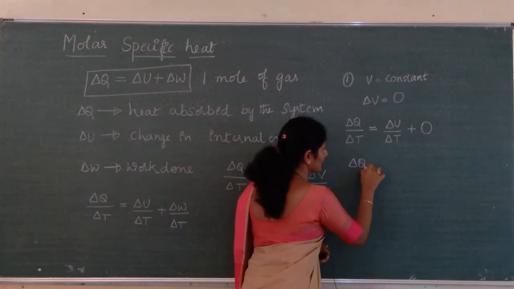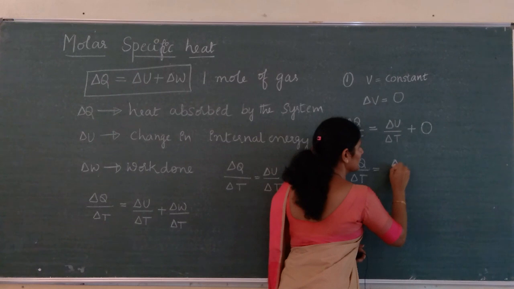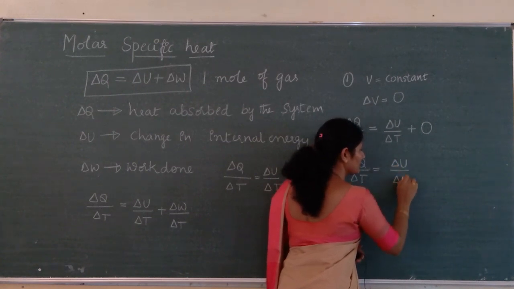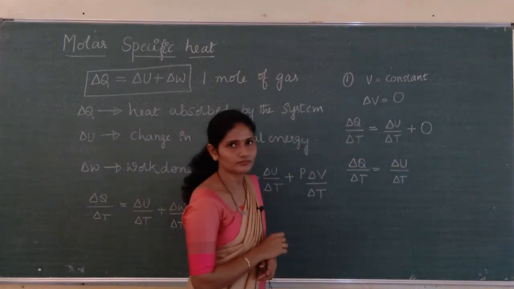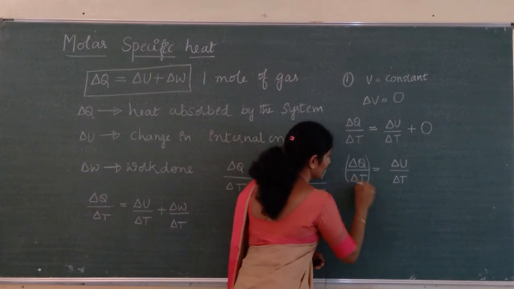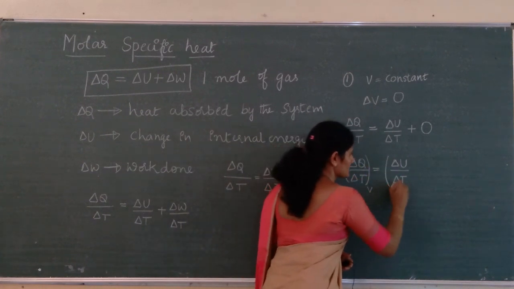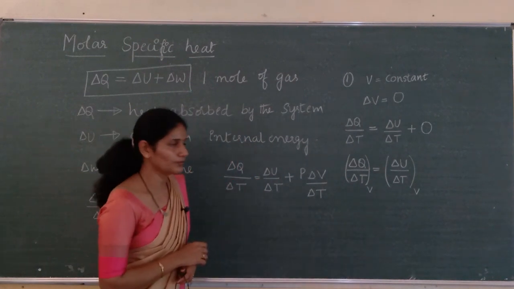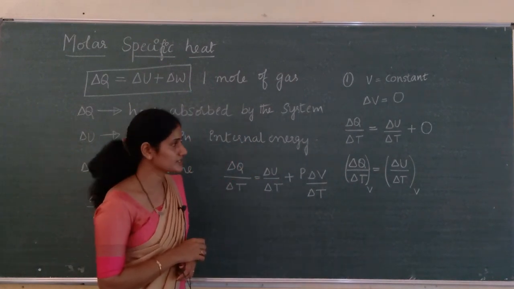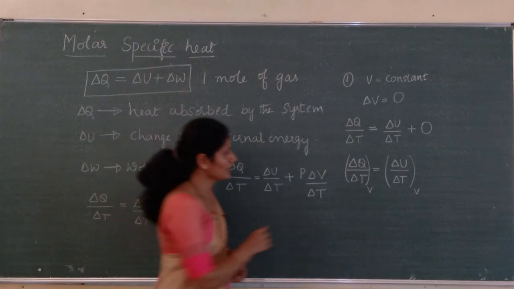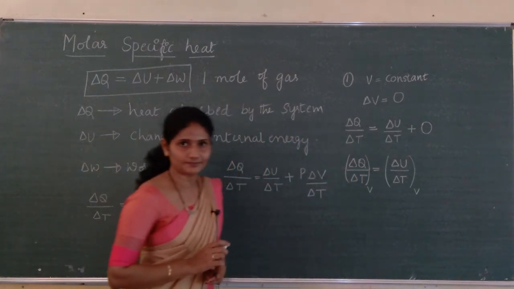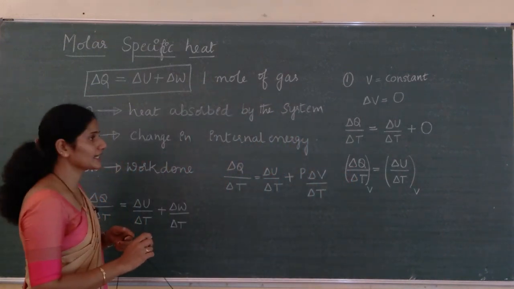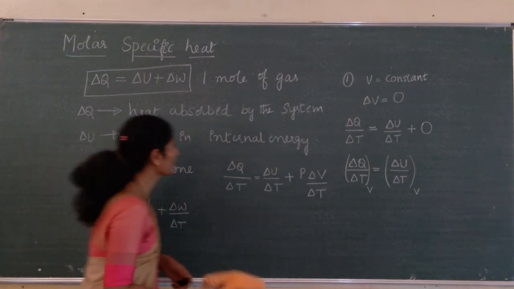Delta Q by delta T is equal to delta U divided by delta T. Here I write suffix V, which indicates that the volume is fixed or V is constant. Delta Q by delta T. What is delta Q by delta T?